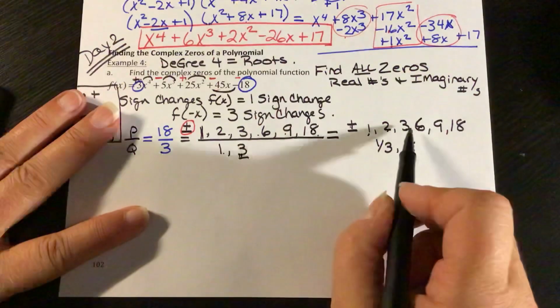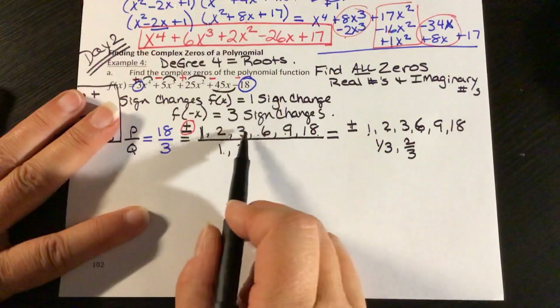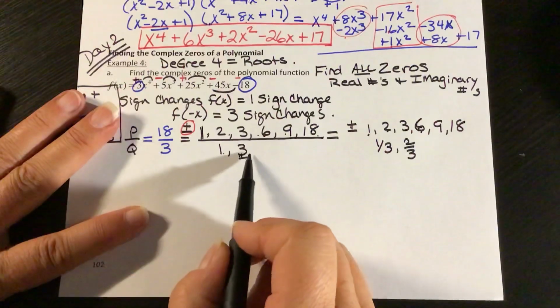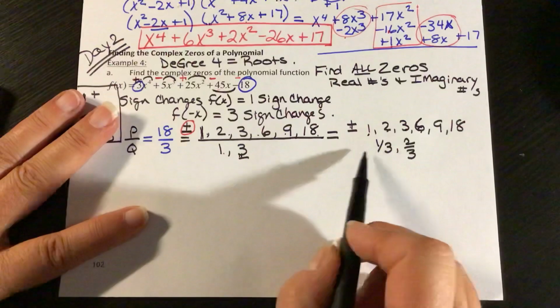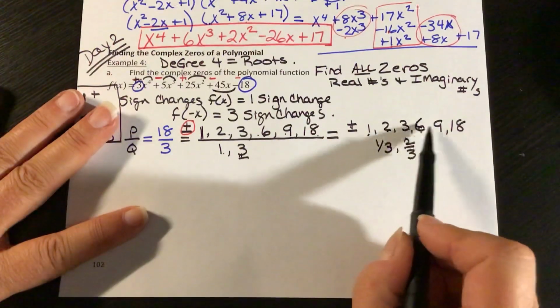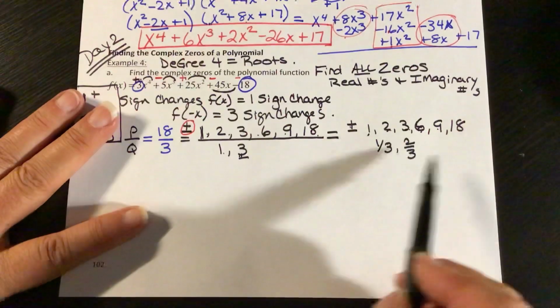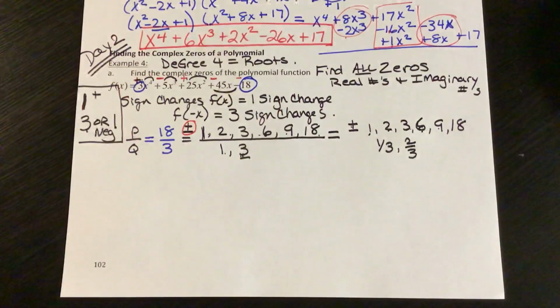And 18/3 is 6. So the rest of these bigger ones, when I divide by 3, I get whole numbers or integers. So I only have 2 fractions here. So technically this is 8 roots, positive and negative. So there's 16 possible roots that I can have. All right, so this is really a lot of trial and error.